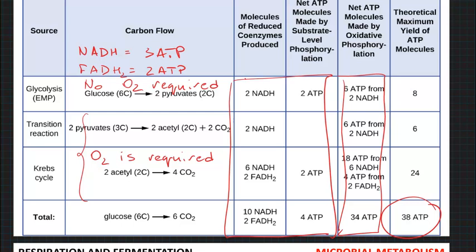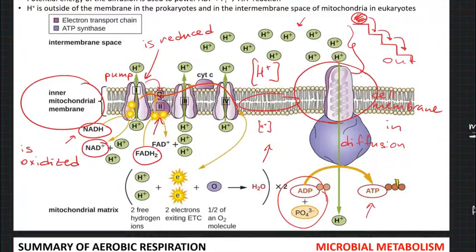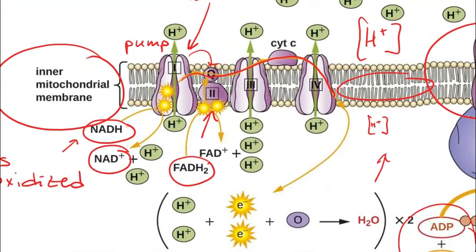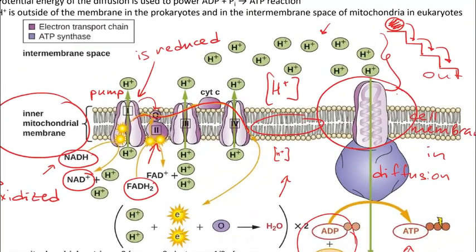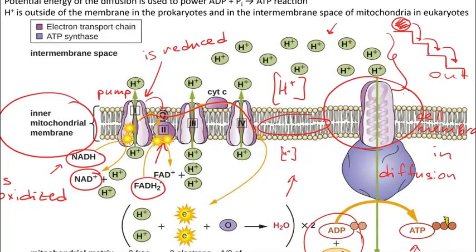Am I clear? So I have one question, a big question, which is kind of like 3 out of 10 on the difficulty scale. Why does NADH give you 3 ATPs in the end, and FADH2 gives you only 2? The answer is on the screen.